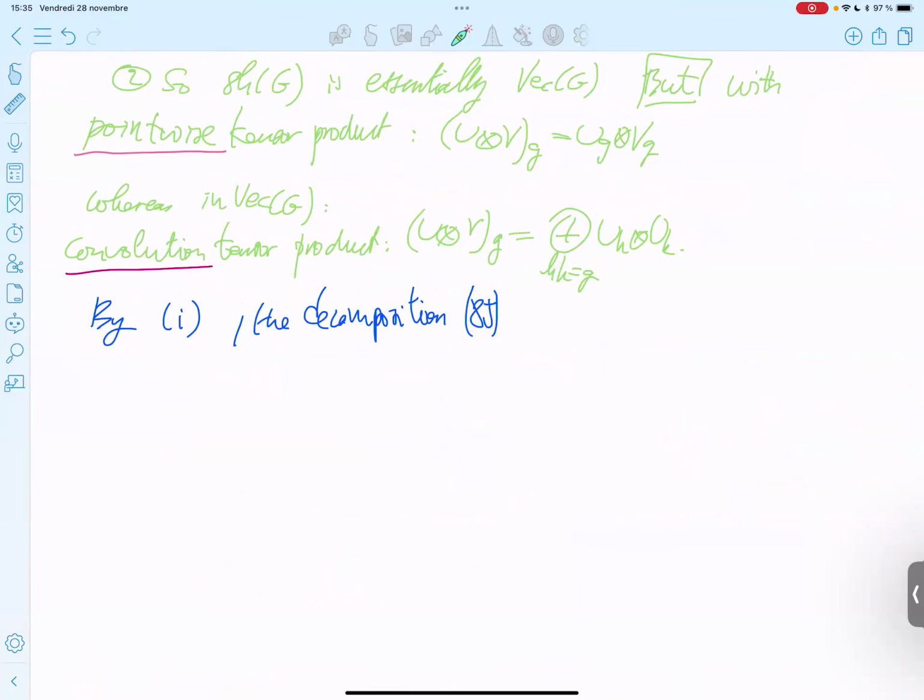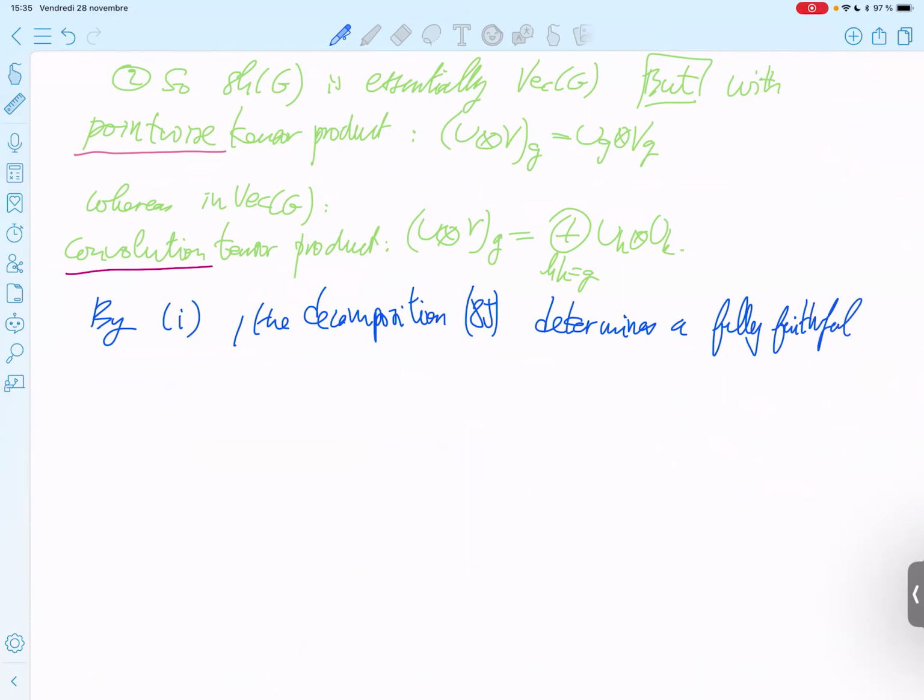So by 85, so by one, the decomposition 85 determines a fully faithful tensor functor.